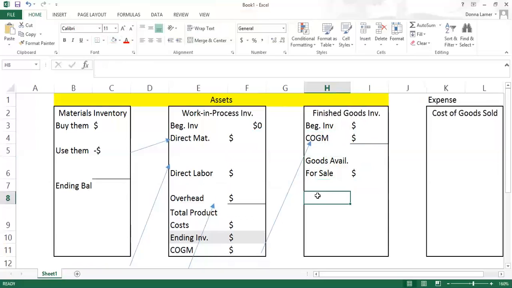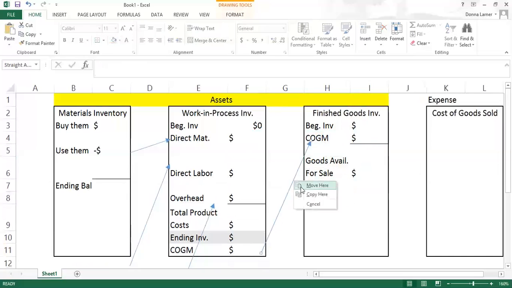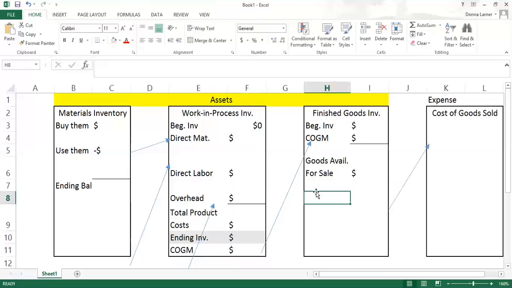There's really only two choices of where that stuff is at now. It was available to sell. It was either sold, or it's still here. And again, the way we start is they go count what's still here, what didn't sell this period.